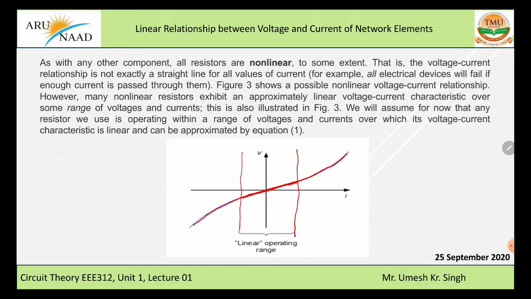This resistor's value depends upon the temperature, humidity, pressure and other circuit conditions. So what we do is consider a small range for our operation, and if we use this resistor for a long time, then it will get heated and the value of resistance will also change.